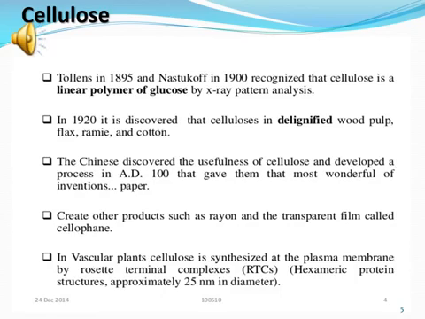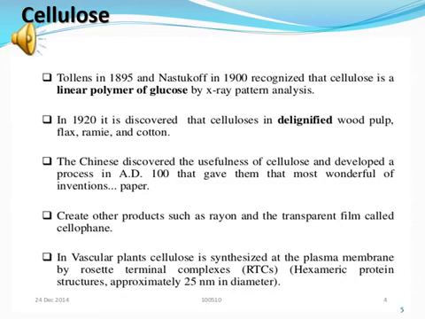The Chinese discovered the usefulness of cellulose and developed a process in AD 100, about 1,900 years ago, that gave them their most wonderful of inventions such as paper, and created other products such as rayon and the transparent film called cellophane.